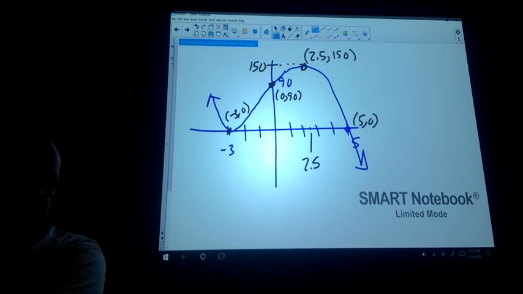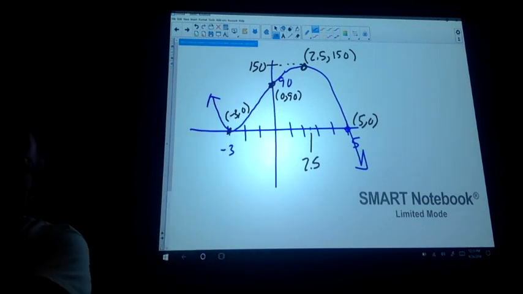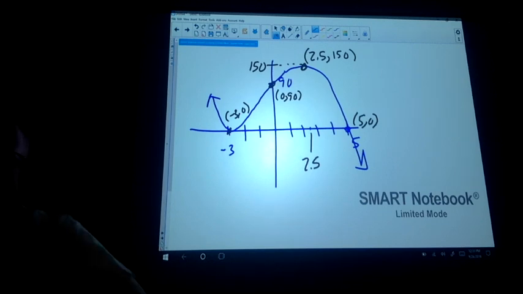Okay, so what are the intervals where this would be increasing? So think about increasing. If I were to go from left to right, starting over here and going that way, where does it appear I am increasing? Try and use the x values to describe to me where you think this would be increasing.